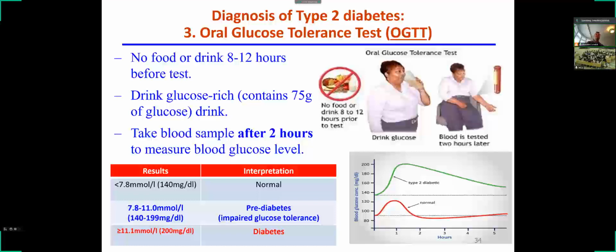The numbers are through the roof in the case of type 2, whereas for a normal patient, it's going to peak at about 120 at an hour, but it will drop very quickly. Remember, we're measuring at 2 hours, and you can see significantly lower blood glucose levels for the normal patient compared to a type 2 diabetic.